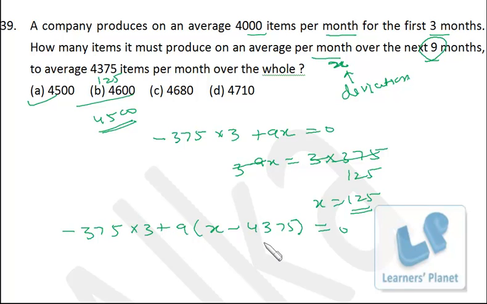That calculation will be a bit tedious. That's why I told you not to go this way. Just take directly the deviation. So 125 you are getting as a positive deviation, so you have to add it to 4375 to get the actual answer. I hope you are getting the deviation method now.